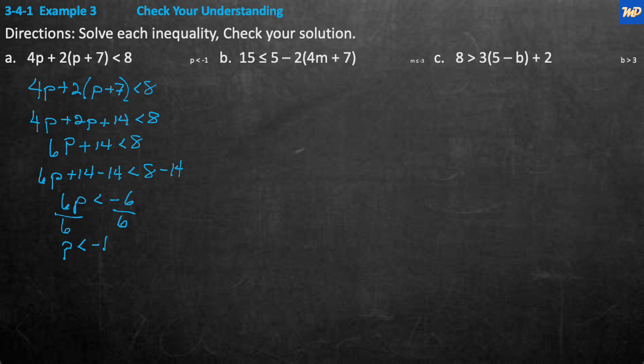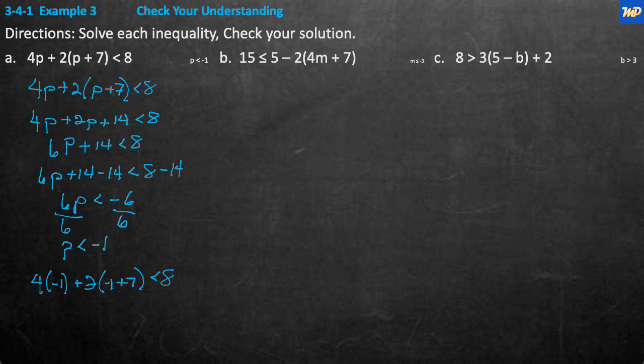Okay, so now to check it, if we put negative 1 in our equation up top, we're going to say for p, we're going to be 4 times negative 1, all right, plus 2 times negative 1 plus 7 is less than 8. Well, we're solving this as if it was an equation because we want to see if the math was correct. So it could be an equal sign right here instead of the less than sign because we want to see if this side on the left equals the side on the right.